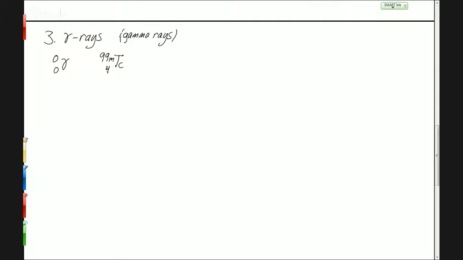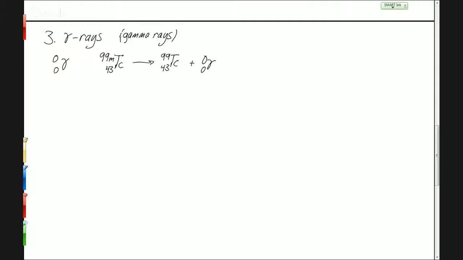So this is technetium, which is a man-made element right in the middle of the periodic table. And metastable technetium decays into regular old technetium. Notice the numbers don't change. The M just goes away. And then we end up with a gamma ray that's emitted. So there's nothing tricky to do there at all. You just take away the M, and you put in the gamma ray, and that's all that happens.